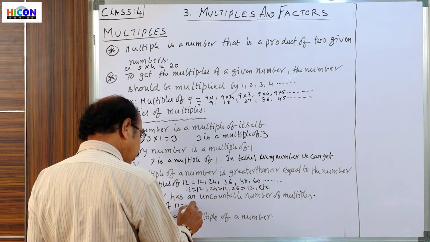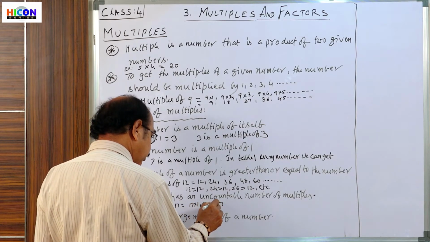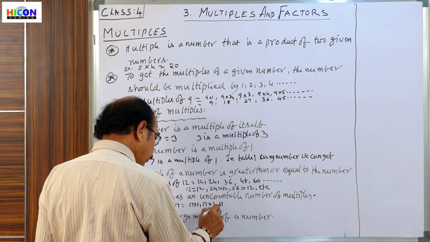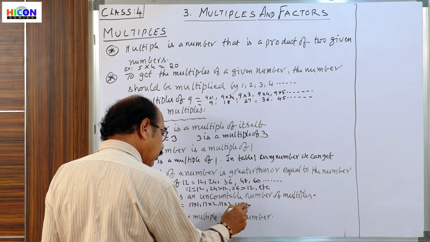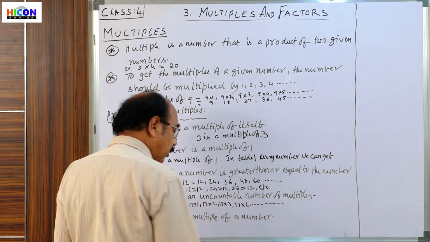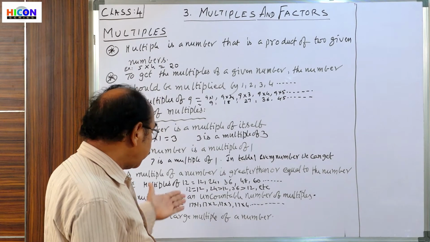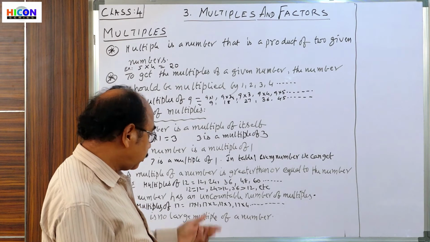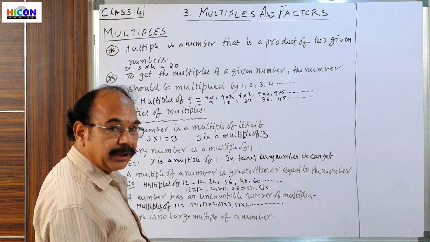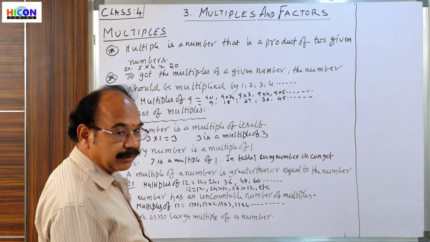17 ones are 17, 17 twos are 34, 17 threes are 51, 17 fours are 68, like this, and so on. Where is the ending? There is no ending. That means there is no limit. Unlimited.